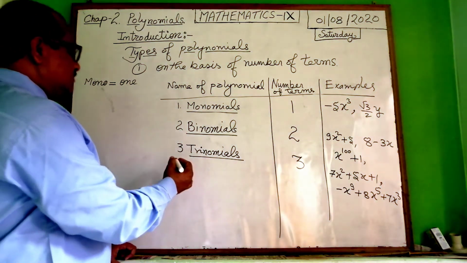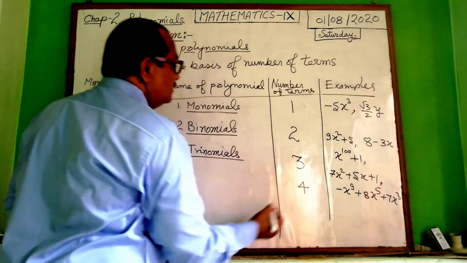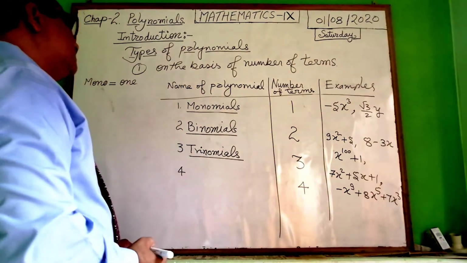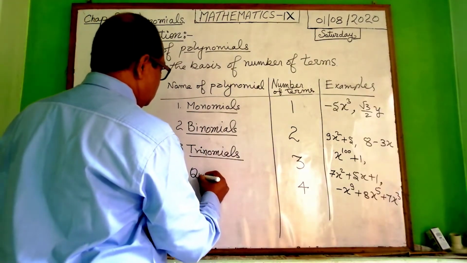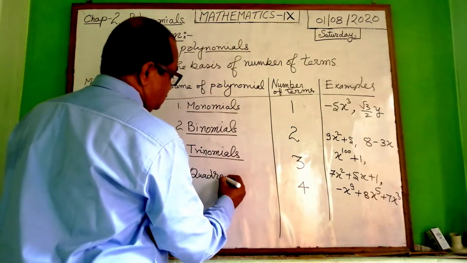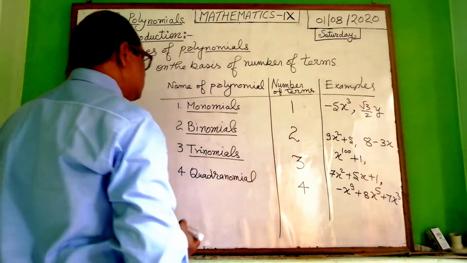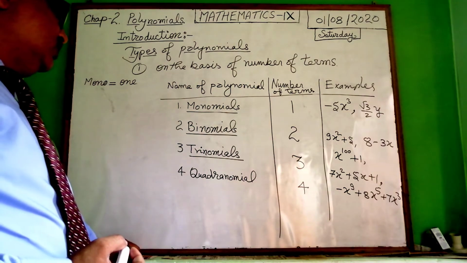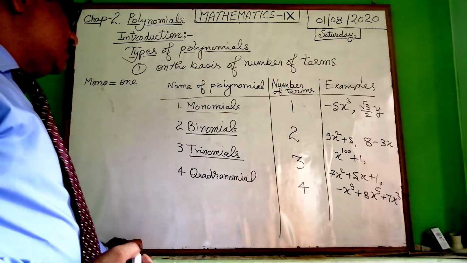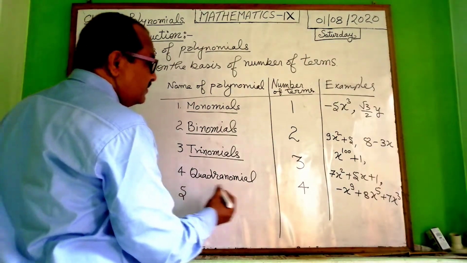After that, if a polynomial has four terms, it is known as quadrinomial. If a polynomial contains four terms, its name is quadrinomial. Now see about the five.